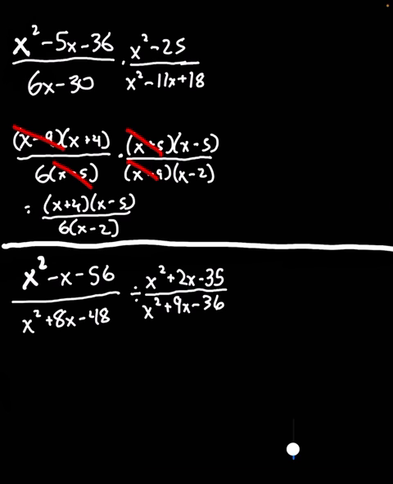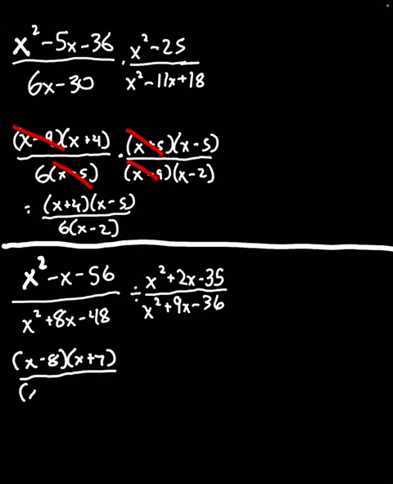So x squared minus x minus 56, that's going to give us x minus 8 times x plus 7. Here, that's x squared plus 8x minus 48.